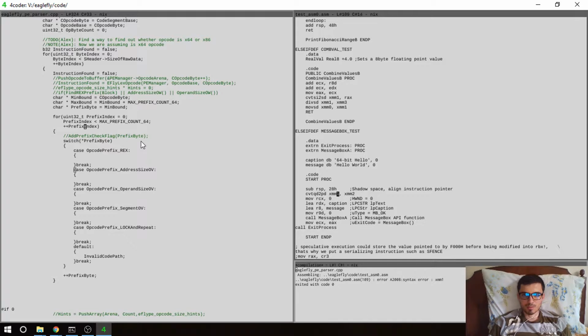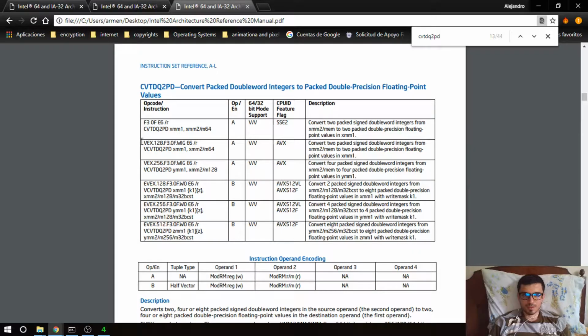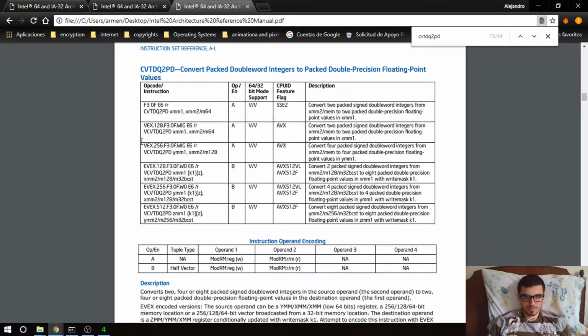XMM, XMM. And this is interesting. This is a whole set of encodings with extension.